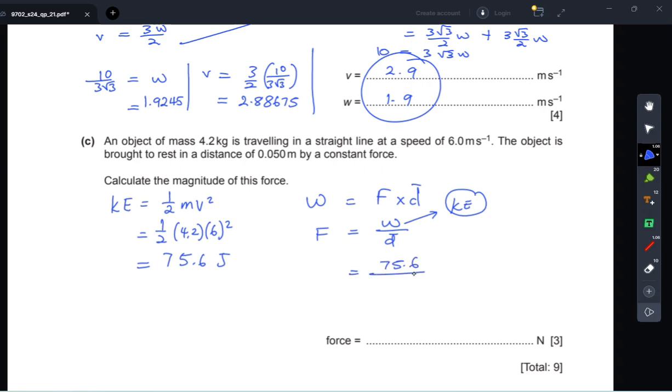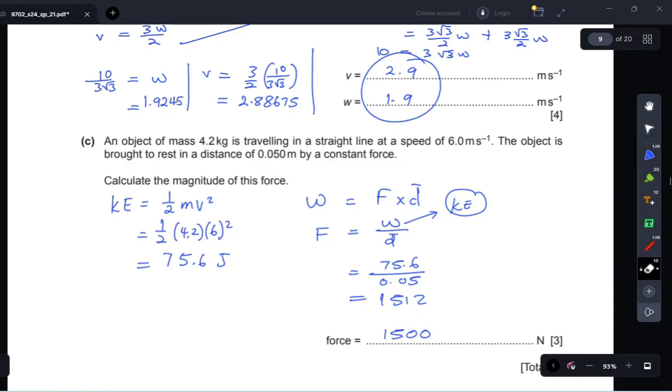So we have 75.6 divided by 0.05 equals 1512, which is approximately 1500 newtons. There's a unit there, no need to put that.